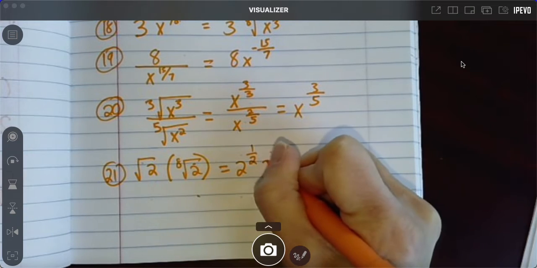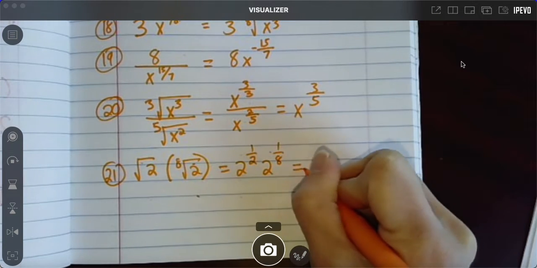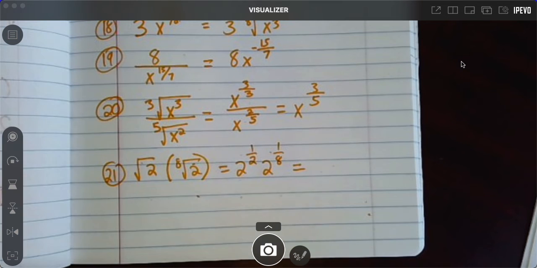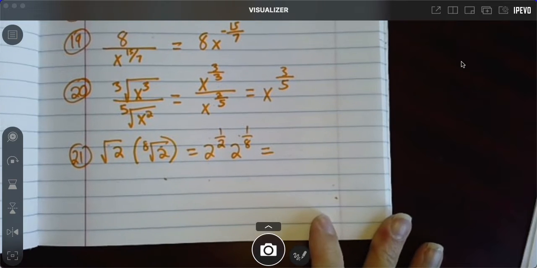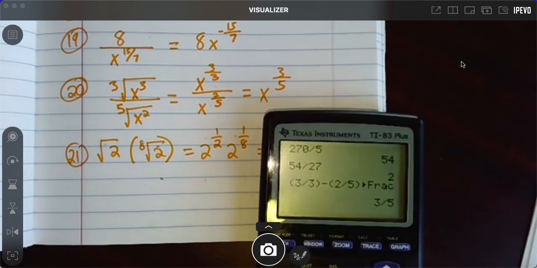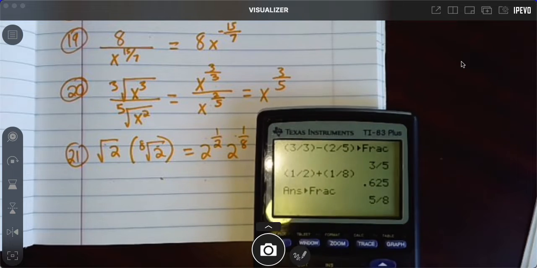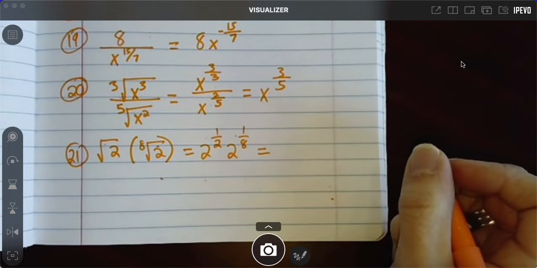This one is 2 to the 1/8. Now, what do I do with exponents when I'm multiplying? I add 1/2 plus 1/8. I press math, enter, and I get 5/8. So I get 2 to the 5/8.